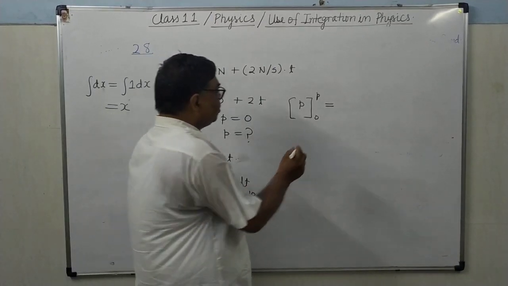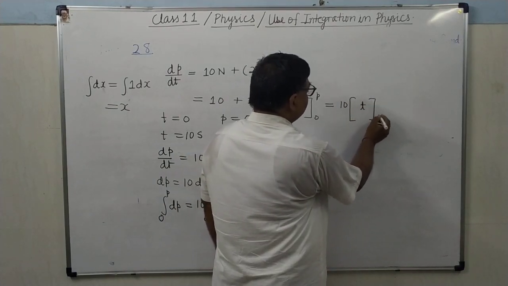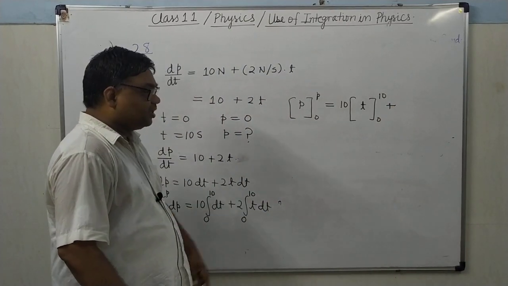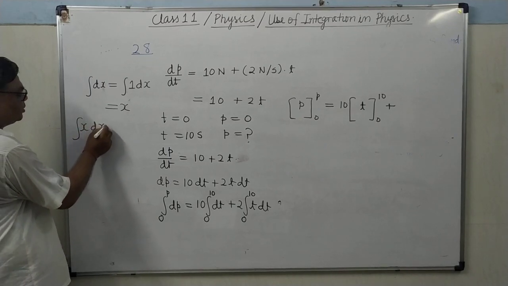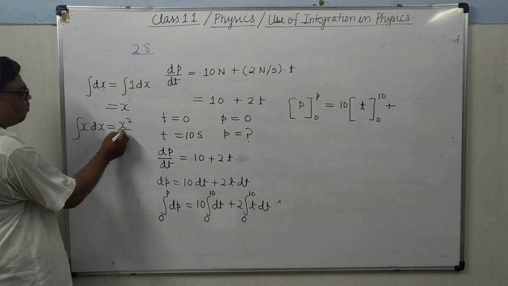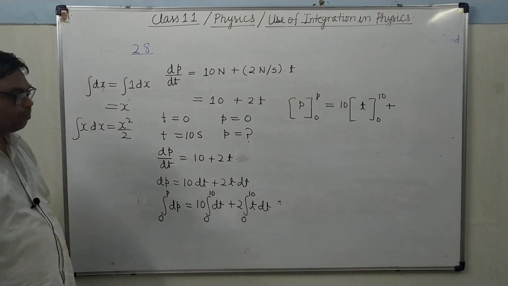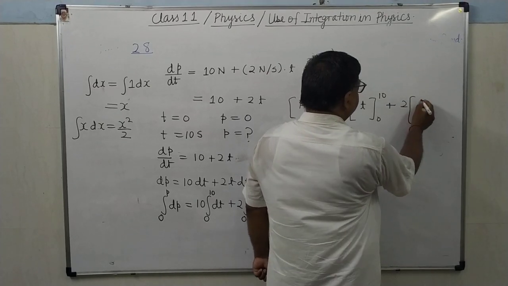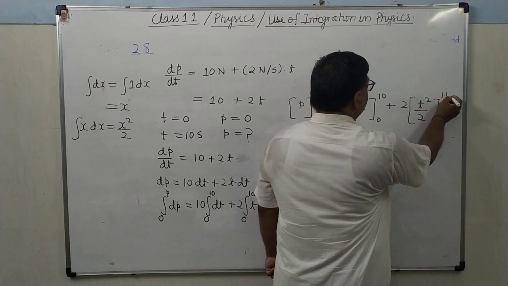So it will be equal to 10 times t from 0 to 10 plus, what is integral t dt? Just now you have seen integral x dx equals x square upon 2. So integral t dt will be t square upon 2. So it will be 2 t square upon 2, with limits from 0 to 10.